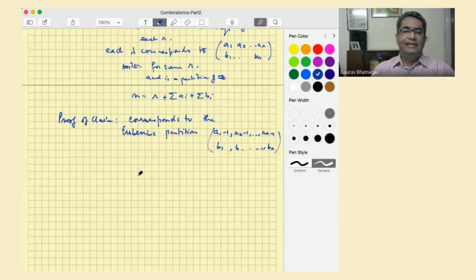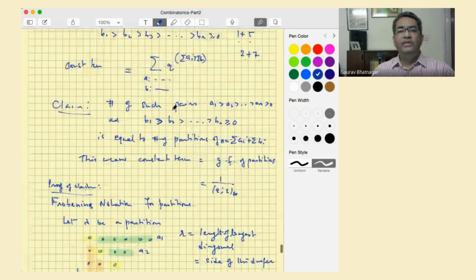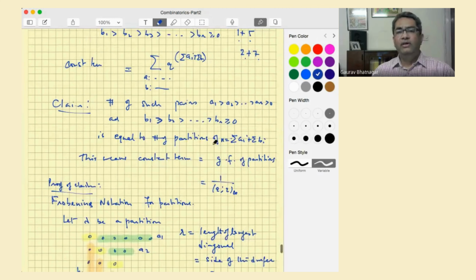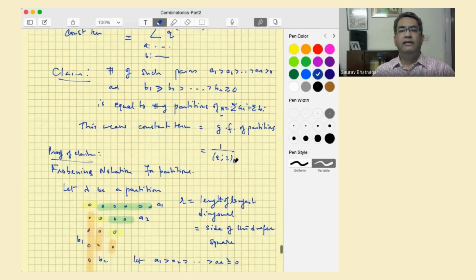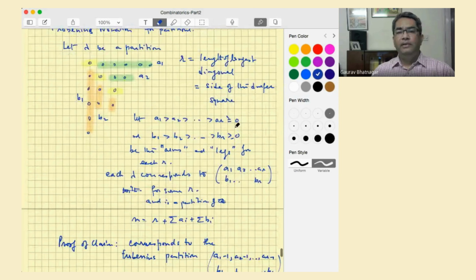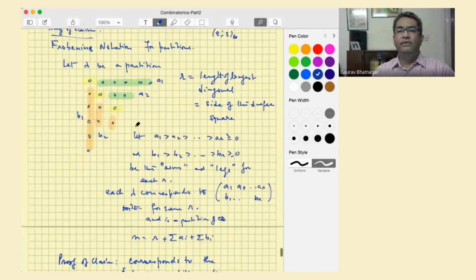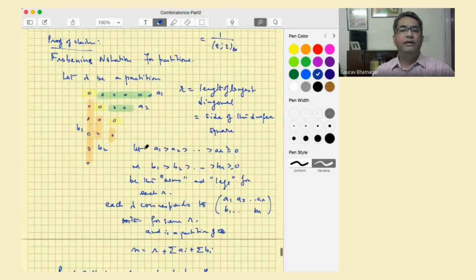And of course, it's a partition of R plus summation AI minus 1 plus summation BI, right? And now bring back the R inside that summation AI plus BI. So each of these pairs also corresponds to a partition of N. Okay. We do bigger than or equal to 0 because this is the standard for Frobenius. If I had started with Frobenius, then there would have been no problem. But I was just motivating why it's needed.